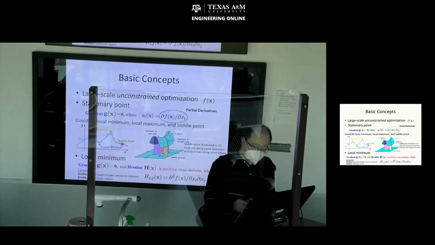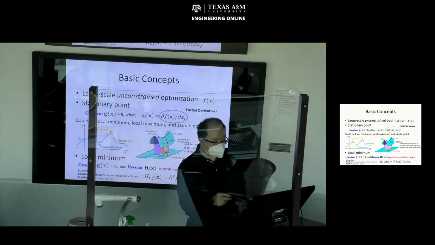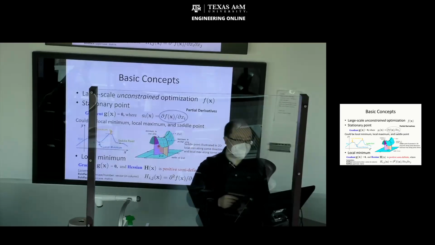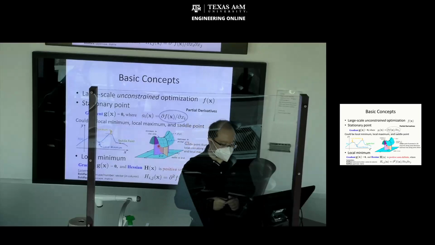In the two-dimensional space, you can see clearly why it's called a saddle point, because if we look at this function along the two dimensions, x1 and x2, this point is a local maximum along the x dimension, and a local minimum along the y dimension. So this contour looks exactly like a saddle. That's why it's called a saddle point.